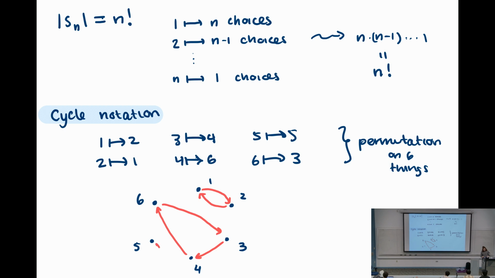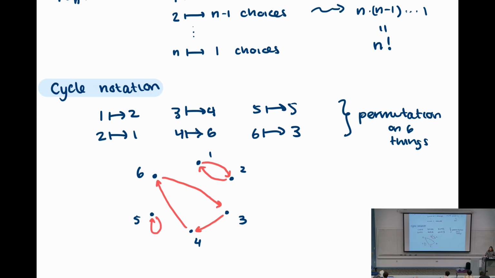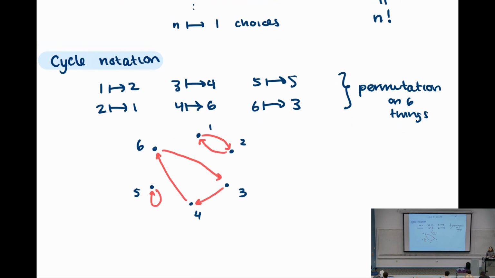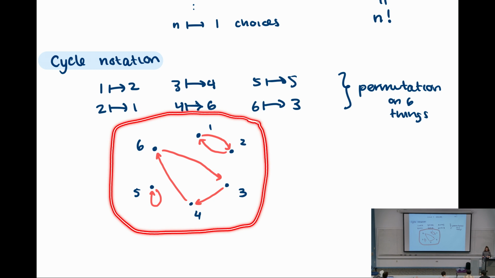And then the element 5 is fixed and is just sent to itself. So this is one way that I could picture this permutation. And the idea of cycle notation is to basically take this picture and write it down in an efficient way.